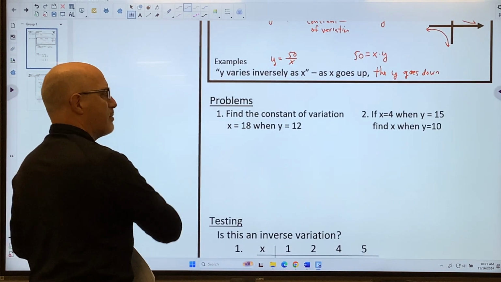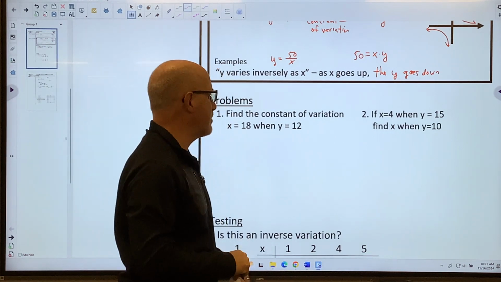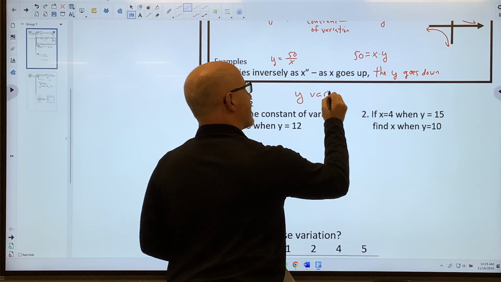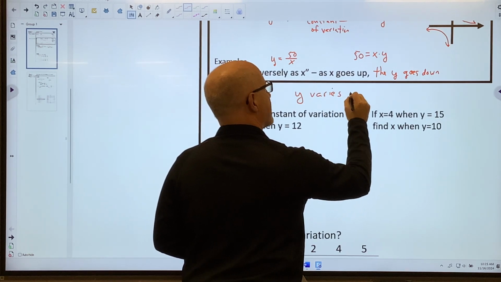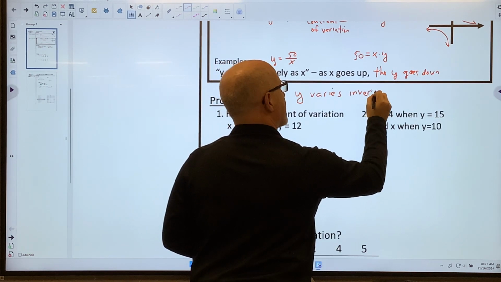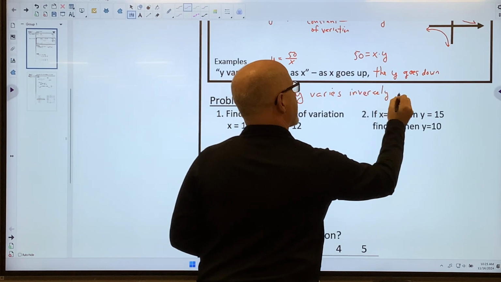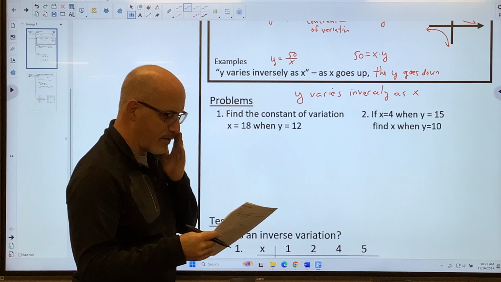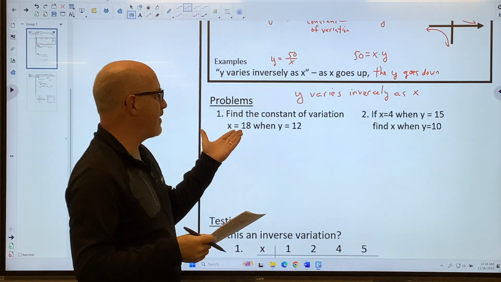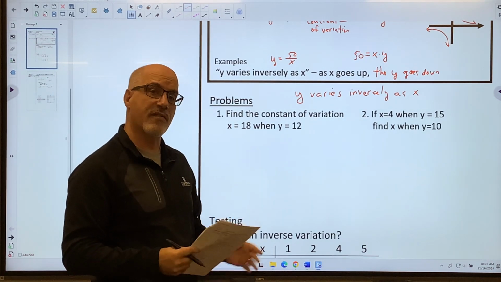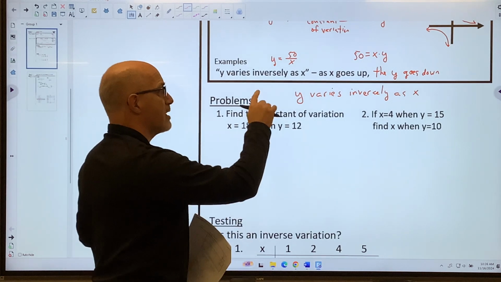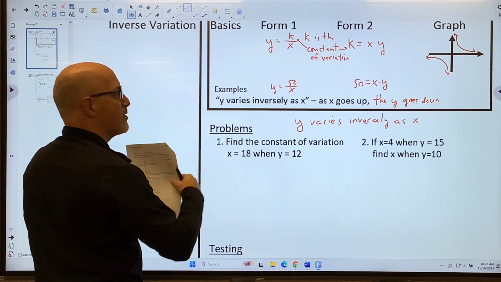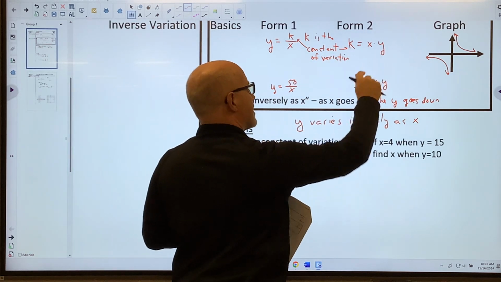Okay, let's do some problems dealing with inverse variation. If we say that y varies inversely as x, we want to find, in this case, the constant of variation. We're going to use the form k equals x times y.